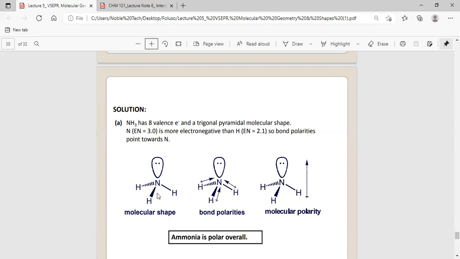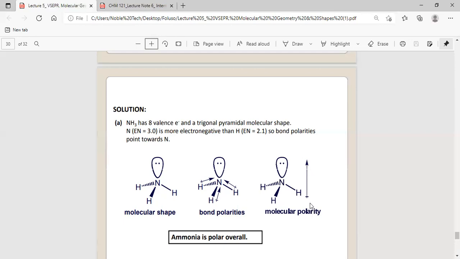Now, if you look at the implication, nitrogen is the central atom that is more electronegative than hydrogen. So it is pulling the electrons to itself. And because it's pulling the electrons in the same direction, not in counter direction to each other, the overall molecular polarity is towards the nitrogen and is not countered.